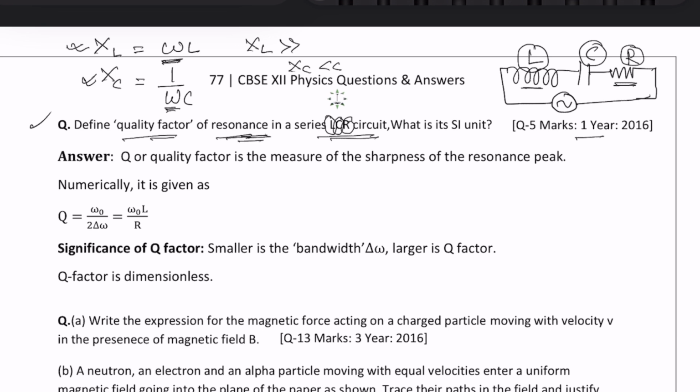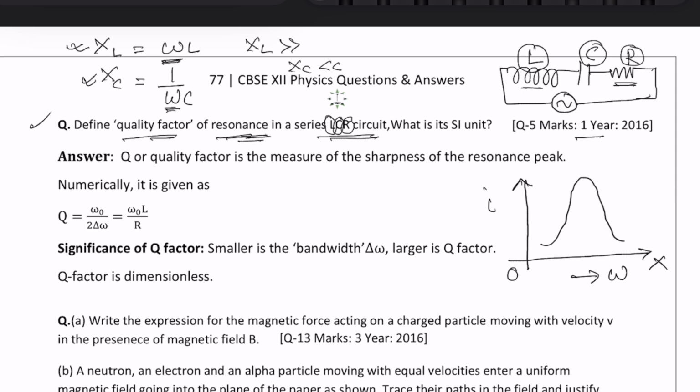Now what is quality factor? Now quality factor means, suppose we draw the frequency of AC along the x-axis, and the current in the circuit along the y-axis. We find that as the frequency increases, the current increases and reaches a particular value, and then the current decreases.